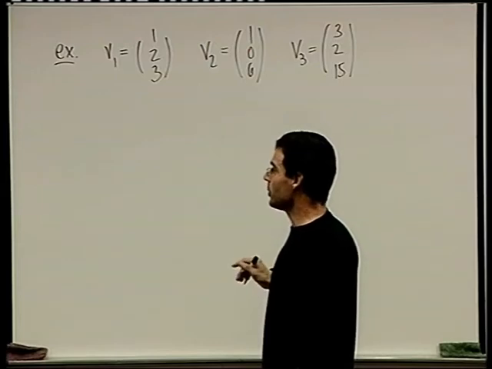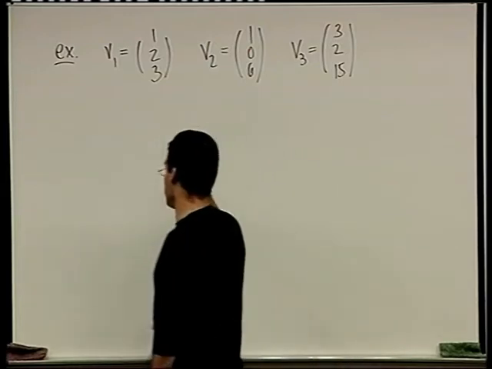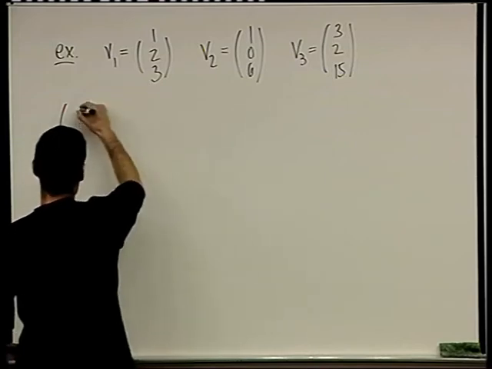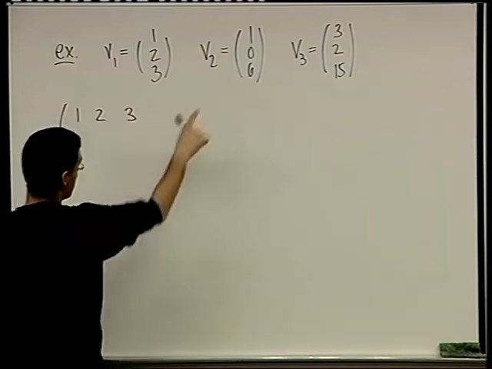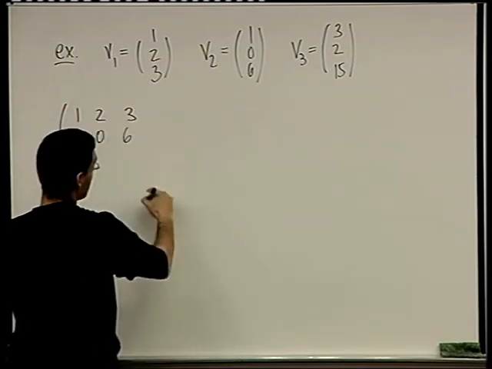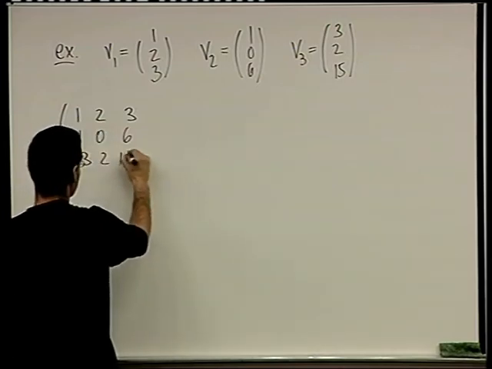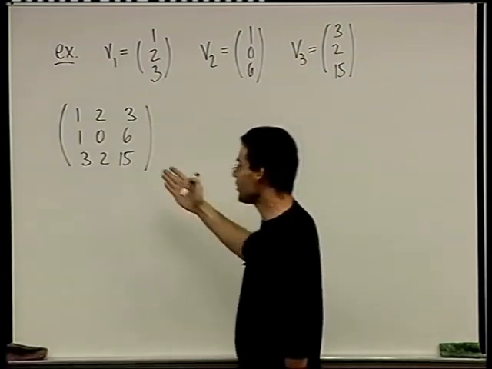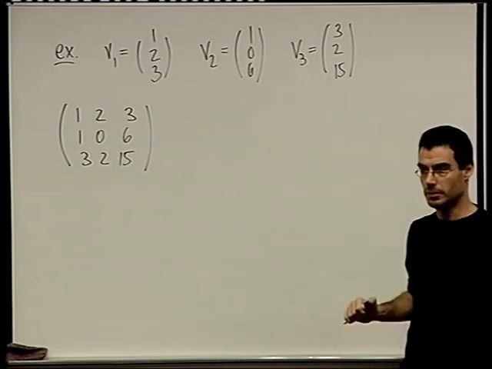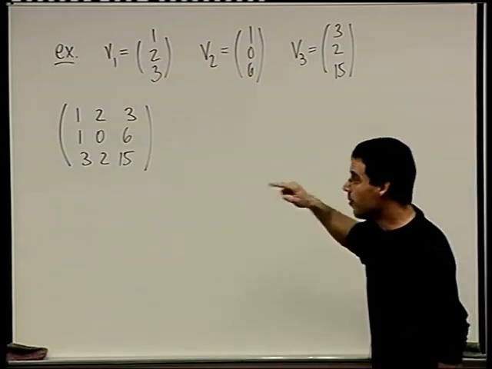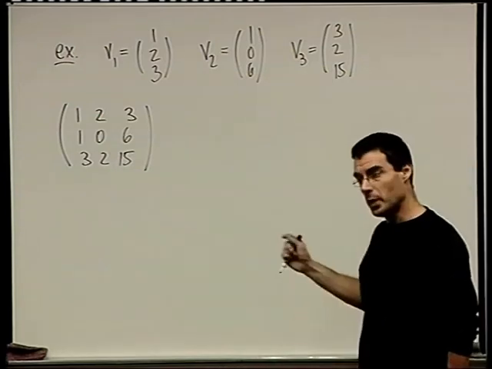Arrange the vectors as rows in a matrix. The first one is going to be the first row, the second one the second row, and the third one the third row. Do you agree? Now find an echelon form. We know how to do that.